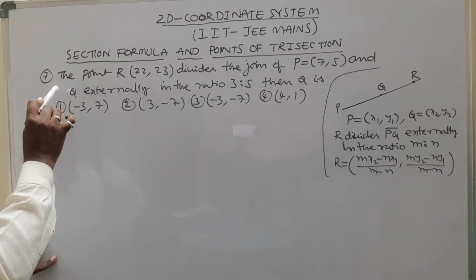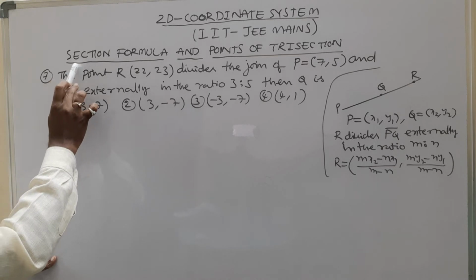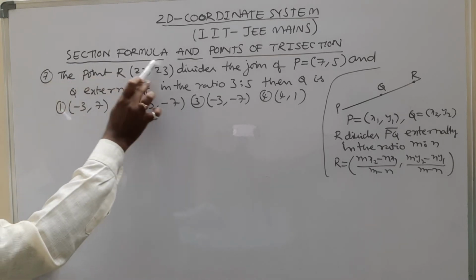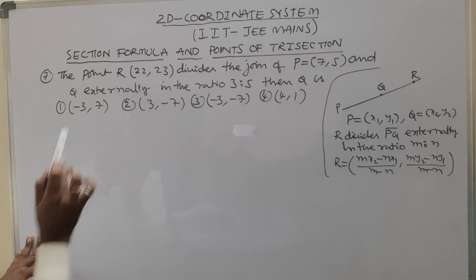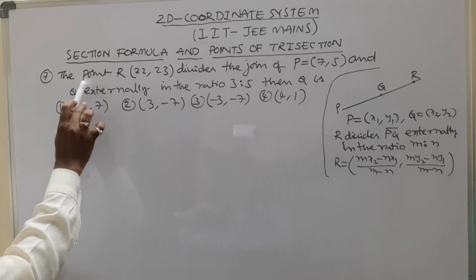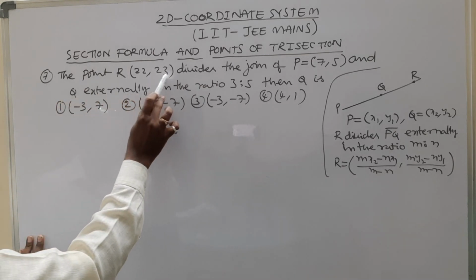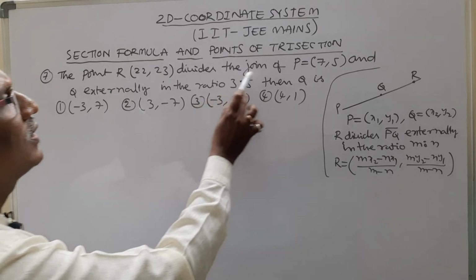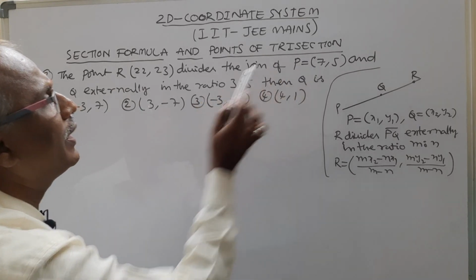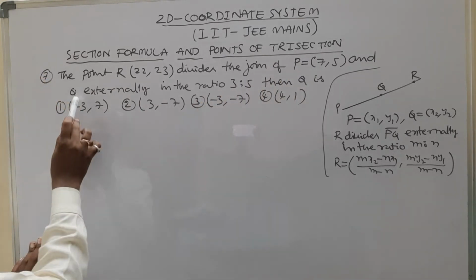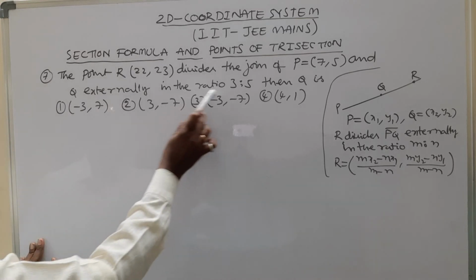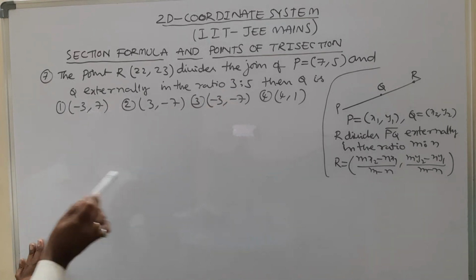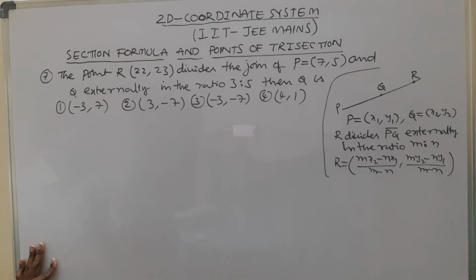Question number 7th. In this model, these are questions on the section formula and points of trisection. Question number 7. The point R (22, 23) divides the join of P equal to (7, 5) and Q externally in the ratio 3:5. Then find Q's coordinates. The four options are given.